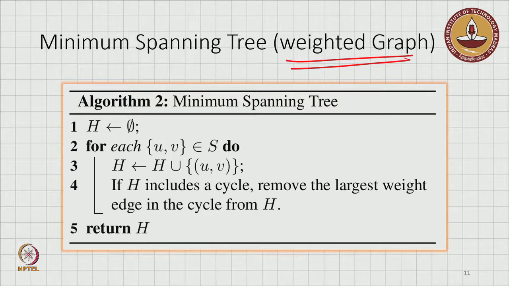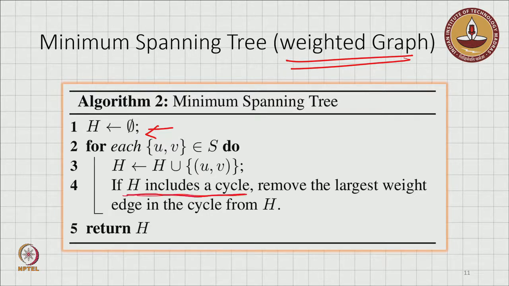We of course start with the empty minimum spanning tree, and we look at one edge at a time, and whenever we encounter an edge uv, we add the edge uv to H, and ask if that created a cycle.